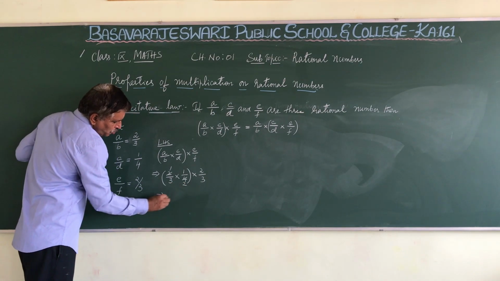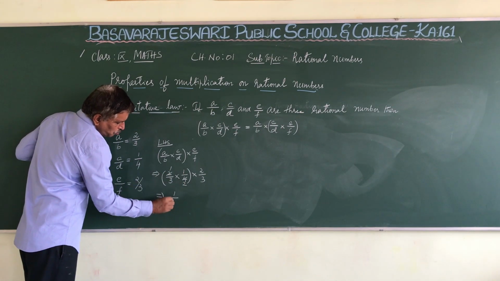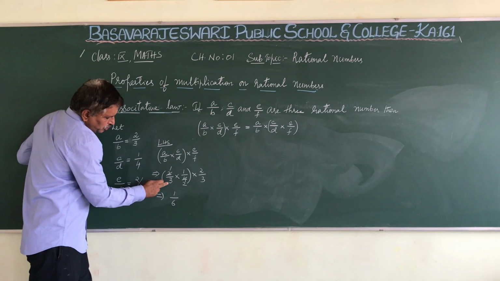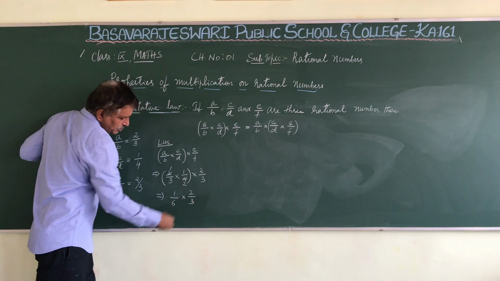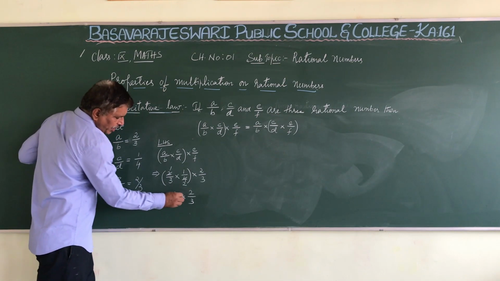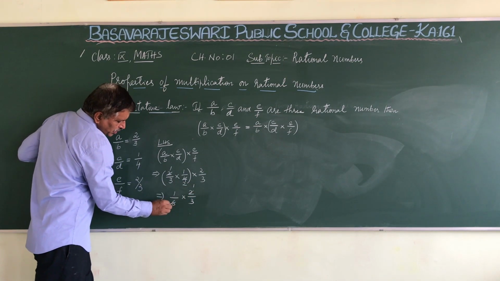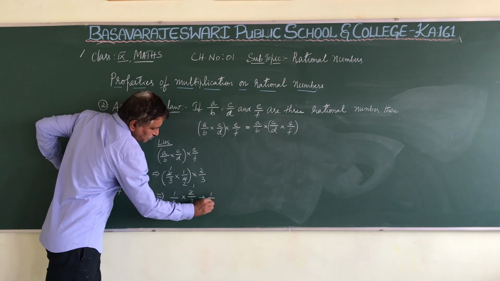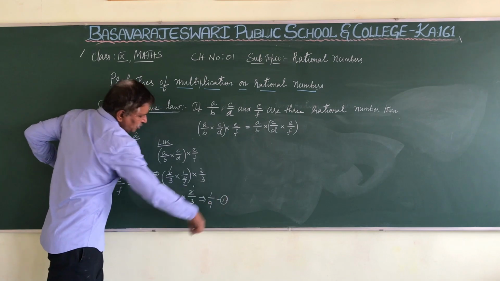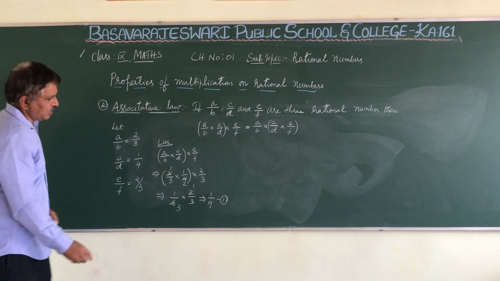So I will get 1 into 1 is 1, 1 by 3 2 times is 6 into 2 by 3. Okay, now again I'll simplify. 2 ones are 2, 2 threes are 6. So this is equal to 1 by 9. Let it be equation 1, which is left hand side.